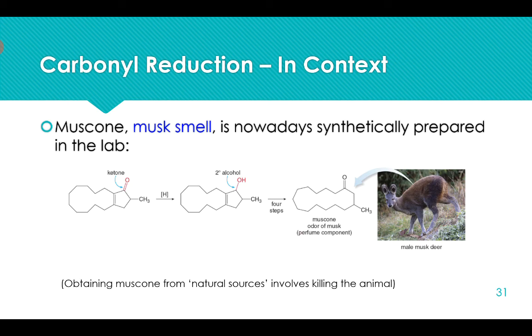That can be synthesized synthetically in a lab now, so that we don't have to kill things like the musk deer or a muskrat in order to secrete this molecule from its anal glands. So whenever you hear like naturally sourced, you have to remember that natural sources include animals and plant products. And sometimes it is better to just synthesize it in a lab so that you don't have to kill animals in order to obtain it.